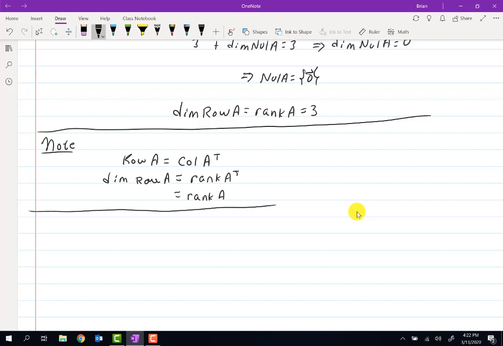Another example. This time I'm going to let A be a 5 by 6 matrix, and suppose A has 4 pivot columns.